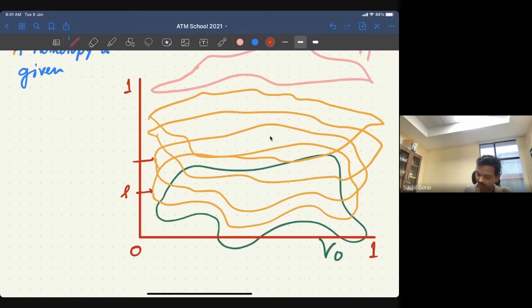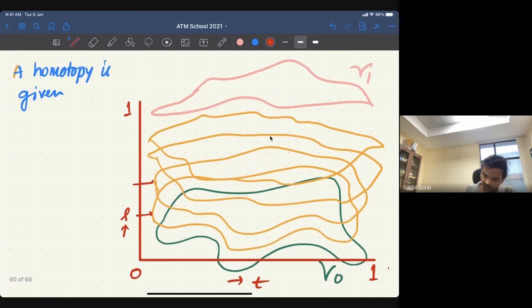So this side is t and this side is s. All right. Now this homotopy is given. Now what we actually need, homotopy, winding number. So you have to go through this winding number.